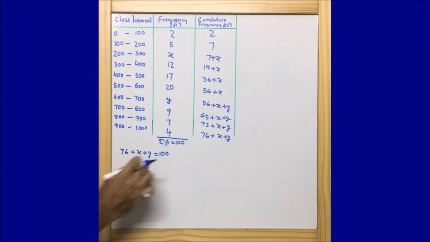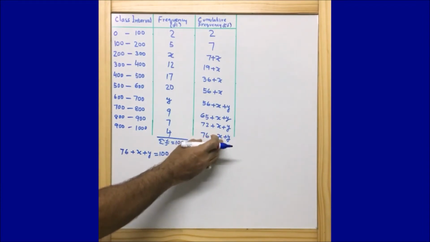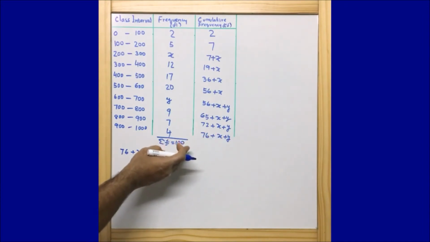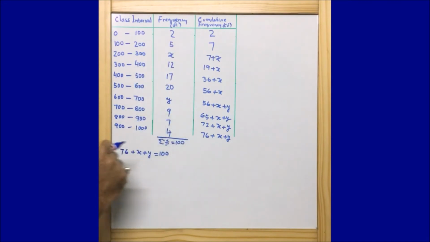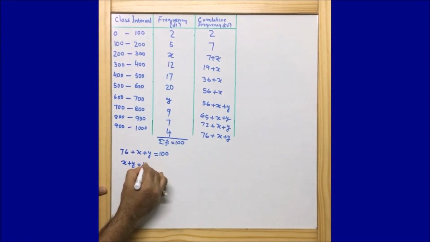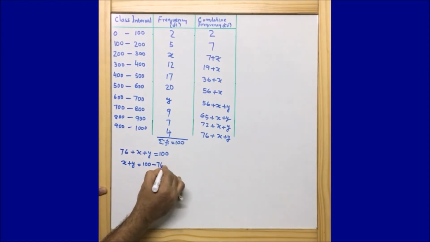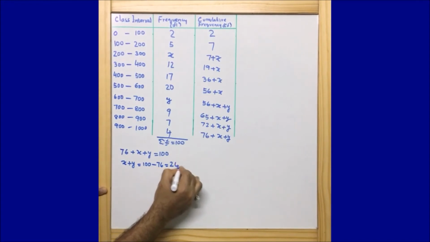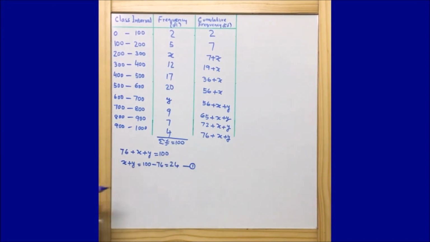I hope this is pretty clear, because in a cumulative frequency table the last value will always be the sum total of the frequency values. Now I can write x plus y is equal to 100 minus 76, that is equal to 24. Let us keep this as equation number 1.